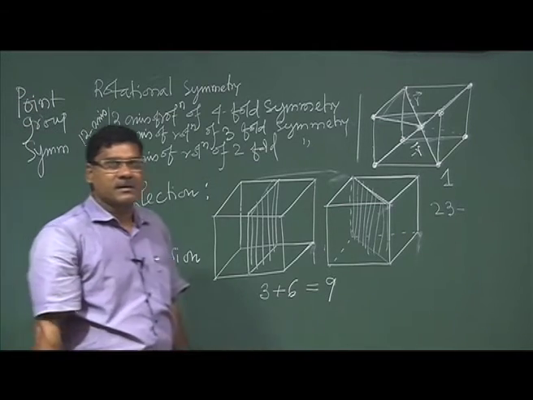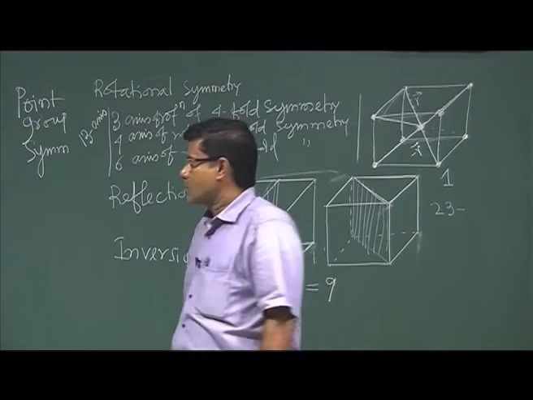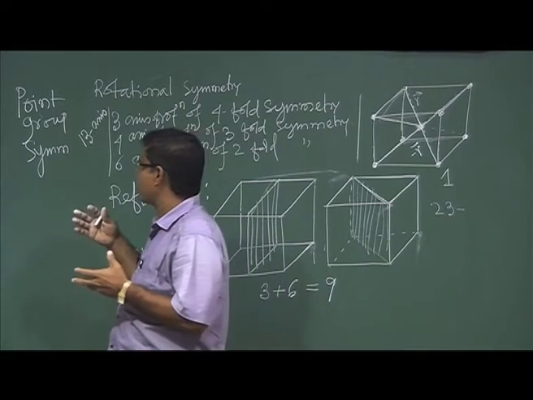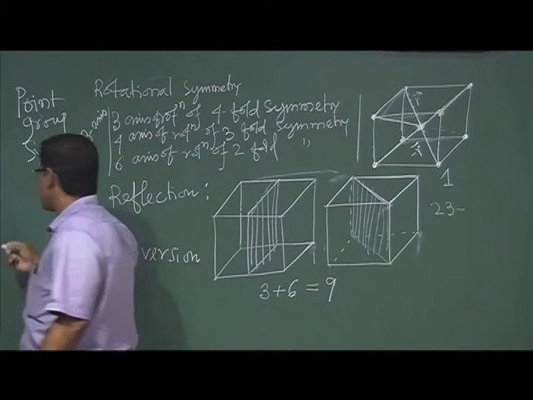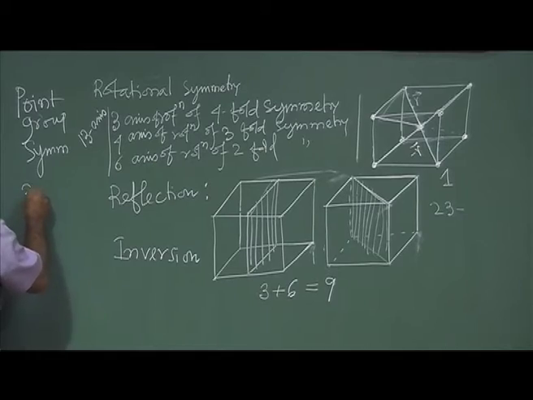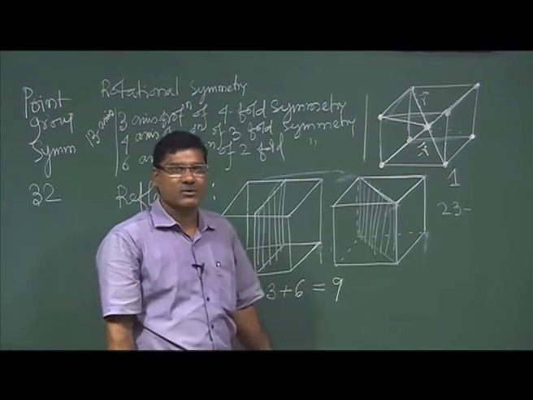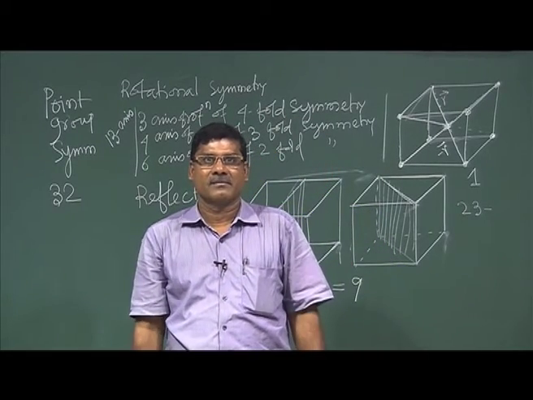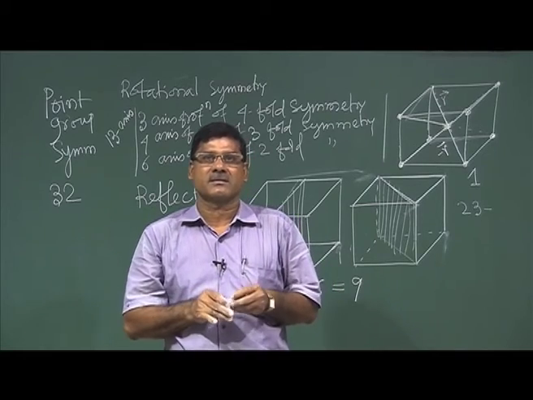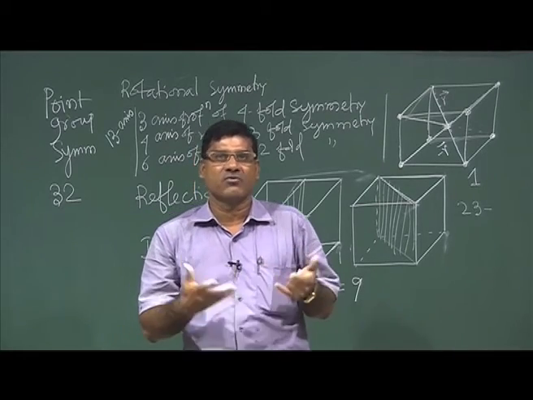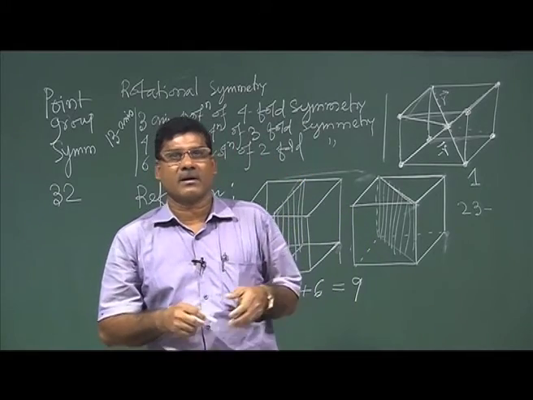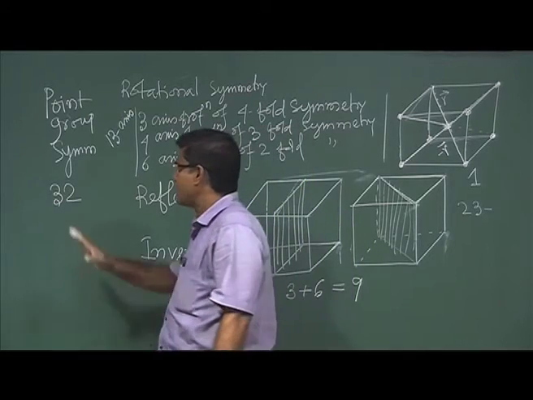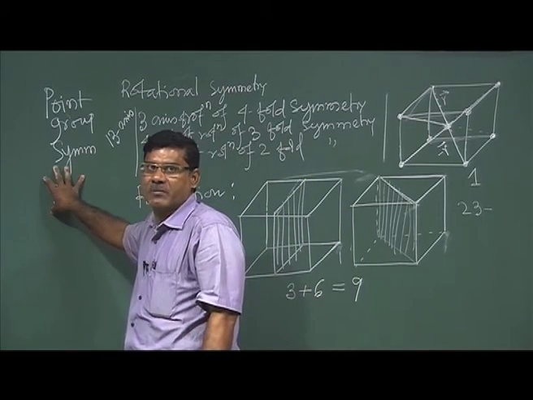For crystal systems, the total number of point group symmetries is 32. One can show that there are only 32 point group symmetries, and all crystals, whatever the structure, either cube or hexagonal or tetragonal, will show only these 32 types of point group symmetry.